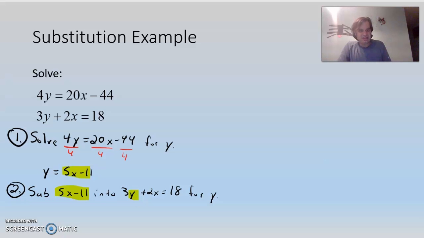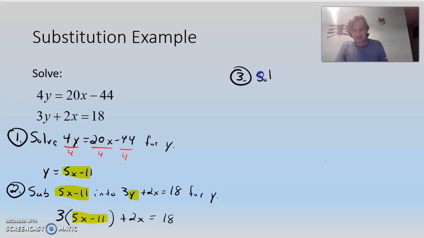And when we do that, we'll get 3 times 5x minus 11 plus 2x equals 18. So everything will be in terms of x. So one equation, one variable. This is where we started the semester.